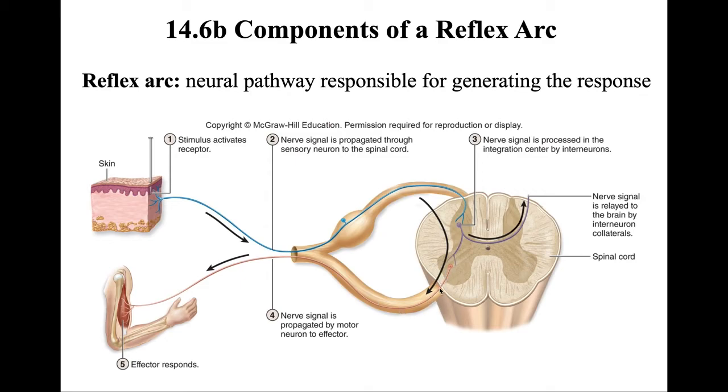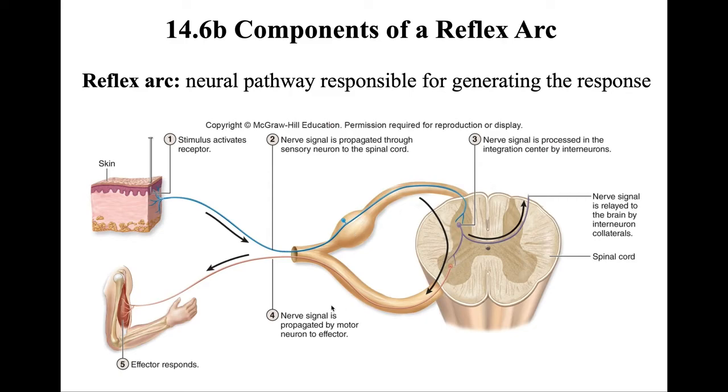So this is now the front part down the motor neuron. And as you recall from chapter 12, part 1, we have something called an effector. That effector is a muscle or a gland. So we have step 1, step 2, up to step 3, which was the sensory part.